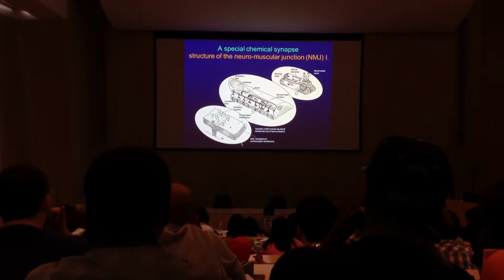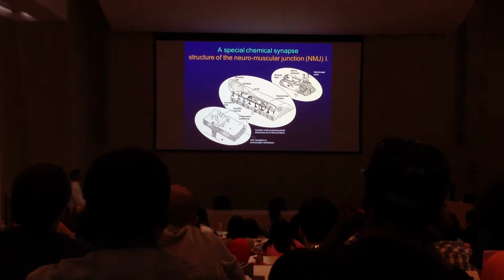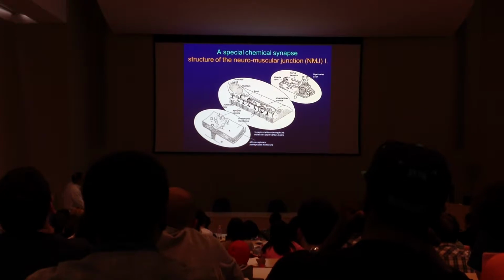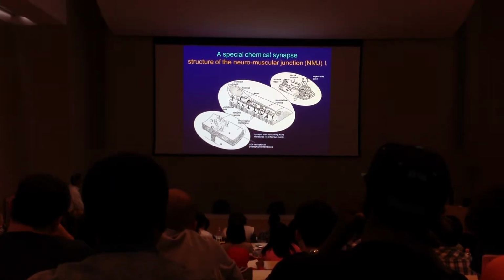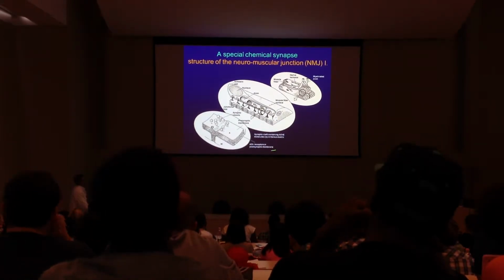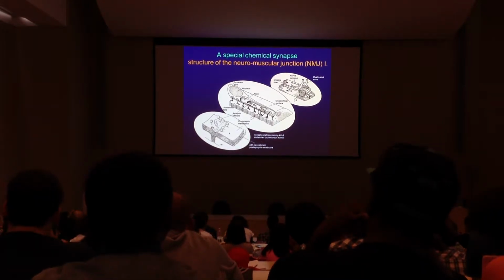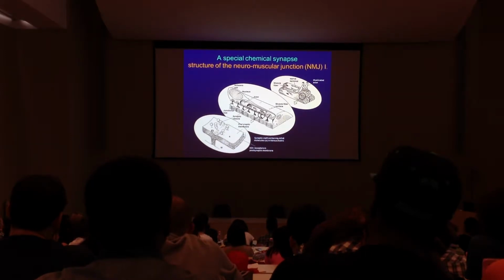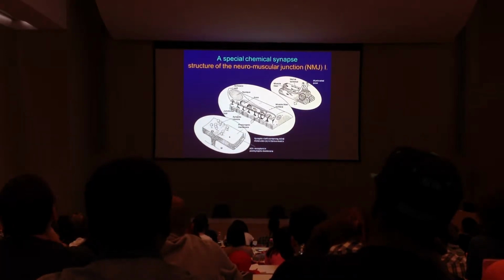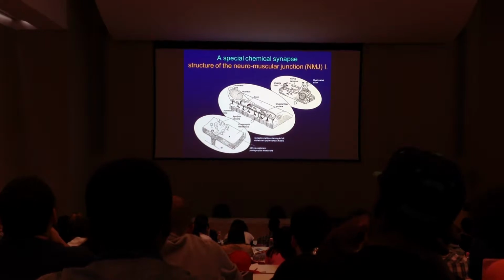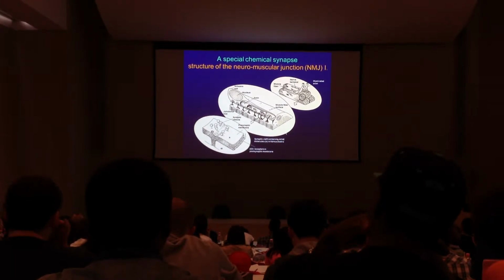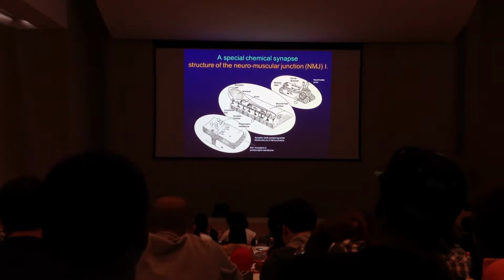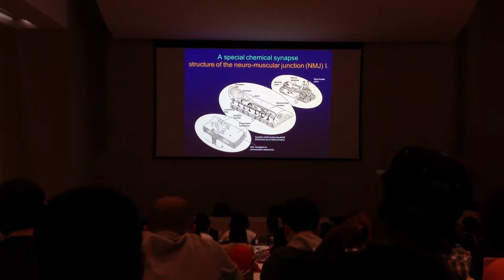Very good. So the neurotransmitter in your neuromuscular junction is acetylcholine. Here you see the membrane of the skeletal muscle, which has acetylcholine receptors on the muscle, so on the postsynaptic cell. Here there is a so-called fibrous matrix, which contains an enzyme, acetylcholinesterase, which cleaves acetylcholine to acetate and choline.